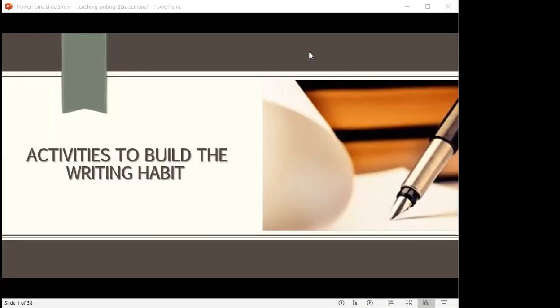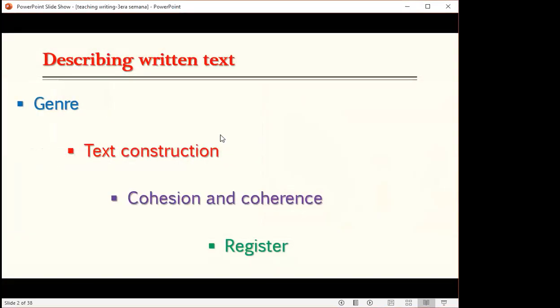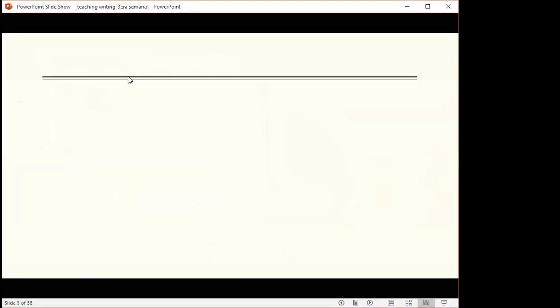And one of the aspects was related to, as here I'm going to show you, the cohesion and coherence. So as you can see here, in order to describe a written text, we are going to talk about the genre, the text construction, cohesion, coherence, and also the register, the kind of language that we are going to use.